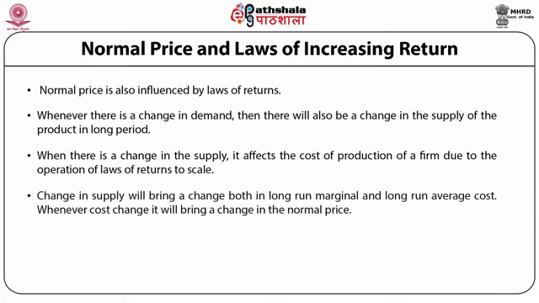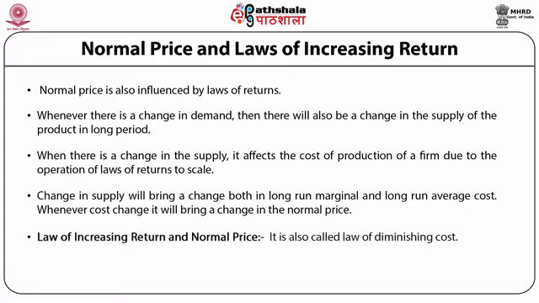Change in supply will bring a change both in long run marginal and long run average cost. Whenever cost changes, it will bring a change in the normal price. So, in the long period, price is always equal to minimum average cost.